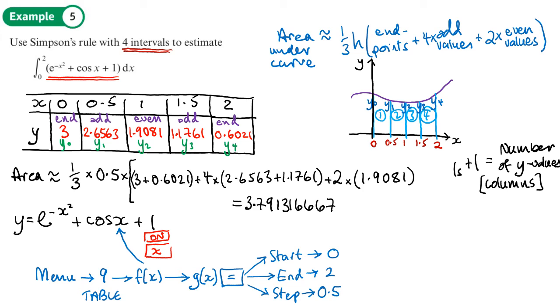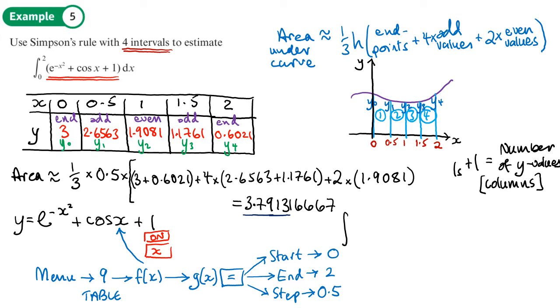We'll give it to a suitable degree of accuracy. The question doesn't say. I would do a minimum of 2 decimal places, or even just look at the number and say, right, I suppose, if I wrote 3.79, that would be fine because there's a 1 that comes after it. Or I could even go up to 3.7913 because a 1 comes after it. So maybe I'm looking at a value that I can write down without rounding.